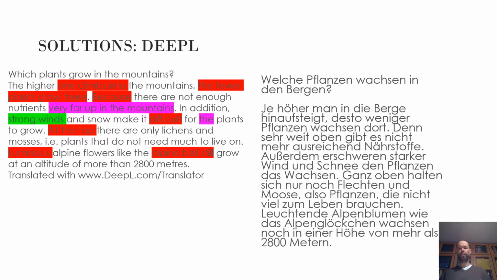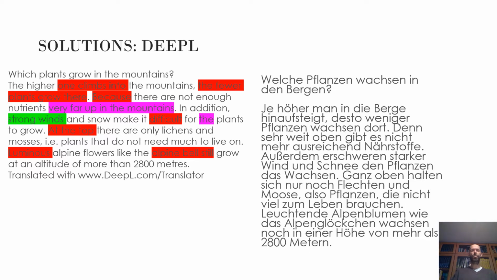And of course, what DeepL doesn't really realize is that the text is taken from a particular text type, namely a children's encyclopedia, and using one in a text intended for children is not the right kind of choice. The higher one climbs into is clearly wrong.